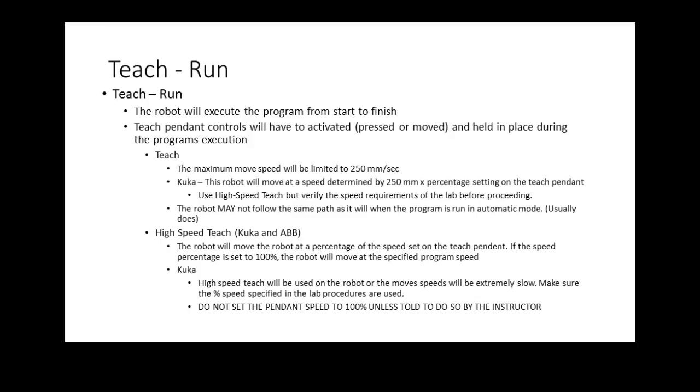Now the KUKA, everything's decreased 5%, but none of y'all are on the KUKA here. So if you run slow speed teach on the KUKA, it is really slow. High speed teach is supported by the KUKA and the ABB. The FANUC and the Motoman, you don't have a high-speed teach. So when you run your program in teach mode, it will be limited to 250 millimeters per second.